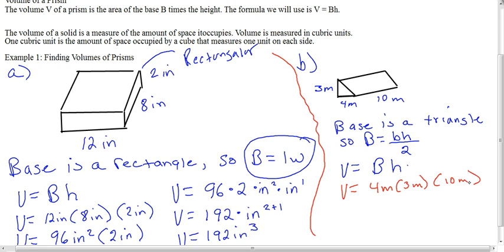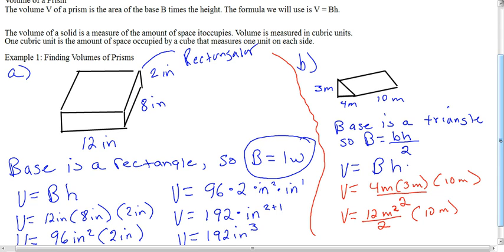Okay, that makes sense. So now we know that this part is going to be divided by 2. So here we're looking at volume, which is 12 meters squared divided by 2, that's a bigger 2, and then that's going to be times 10 meters.